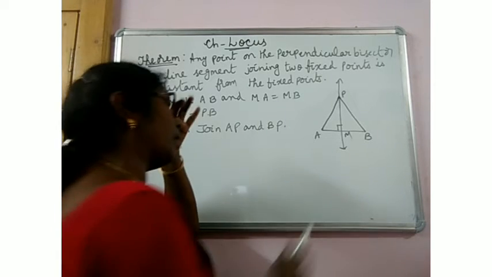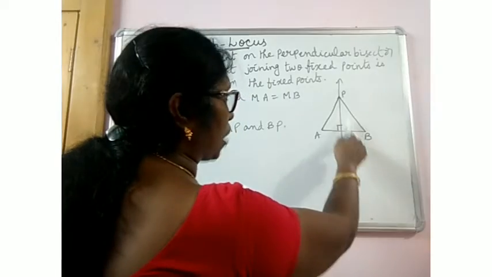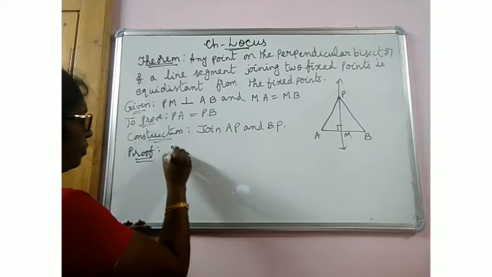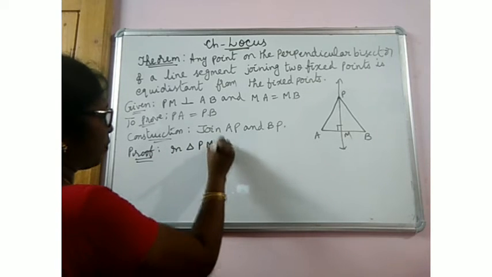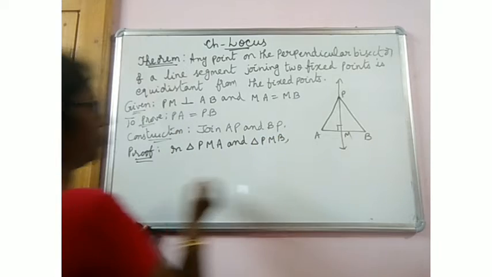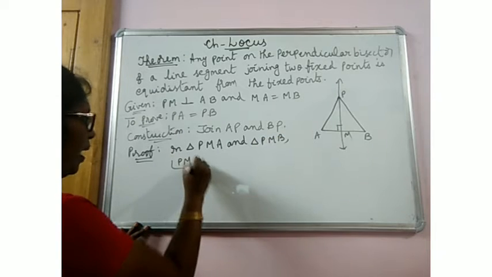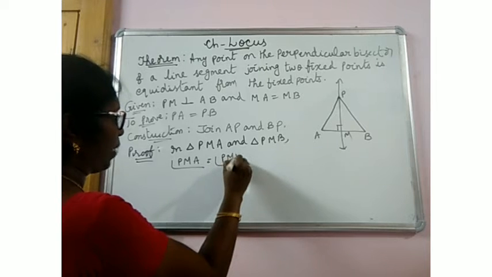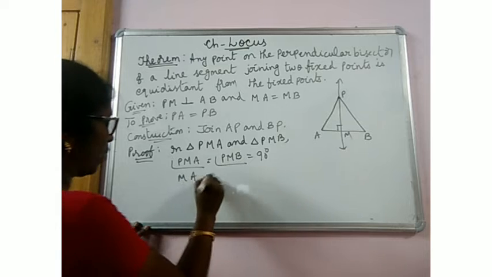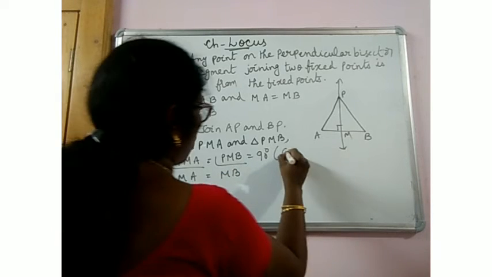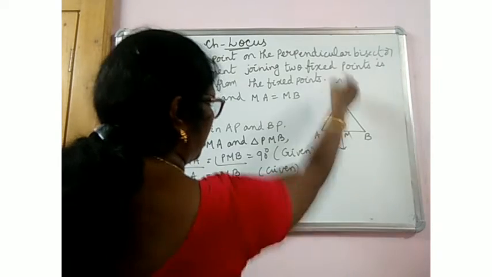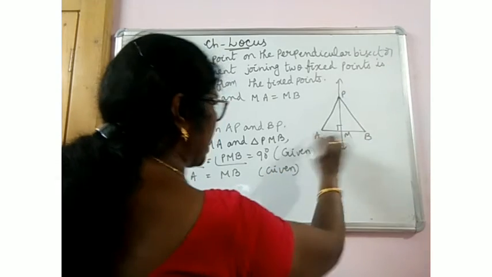In the proof, can we make these two triangles congruent or not? In triangle PMA and triangle PMB, angle PMA is equal to angle PMB, that is 90 degrees. MA is equal to MB. These two are given because PM is the perpendicular bisector of AB.